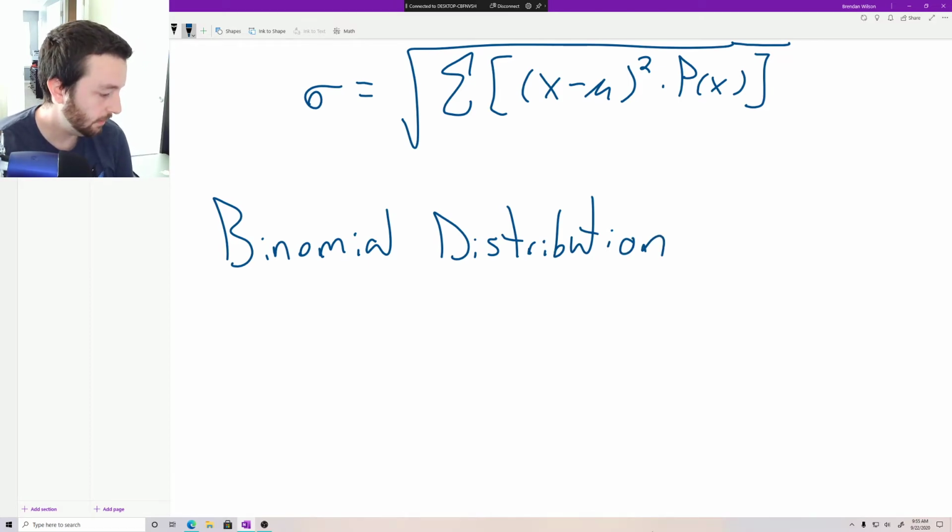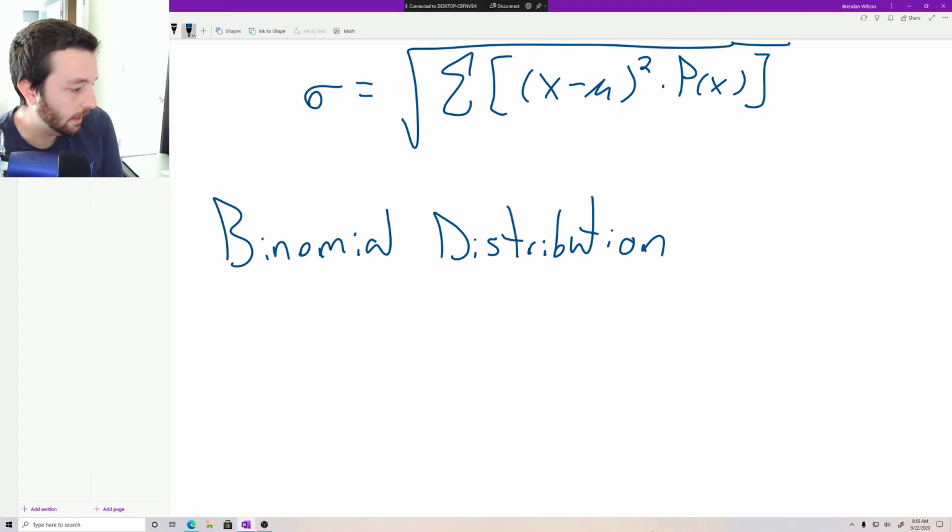The binomial distribution is a very common type of distribution where there are a fixed number of trials and there are two possible outcomes. You either succeed or you fail.